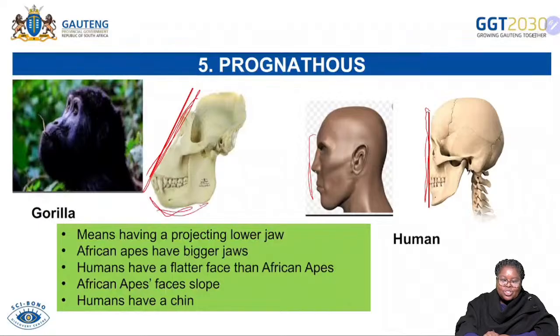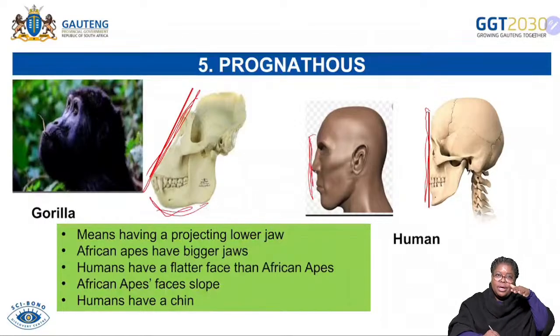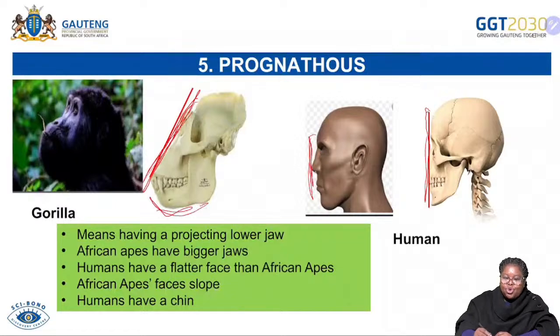It is projecting, as you can see. African apes have bigger jaws. Humans have flat face than African apes. But because they've got bigger jaws, this makes their face to be having that slope, or they look protruding. So African apes' faces slope. They form a slope here. Humans have a chin. Can you see that?